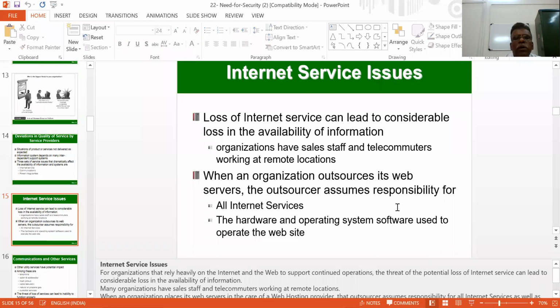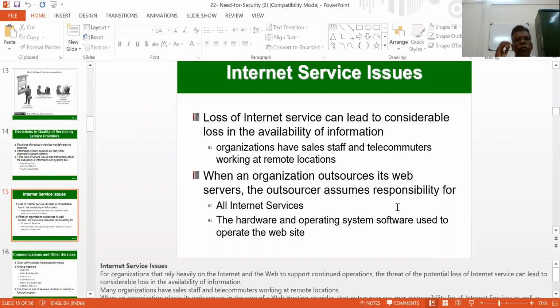And next, what it says, we can go one to another. Loss of internet services can lead to considerable loss in availability. We have services of megabits per second, and later we are going for gigabits per second.